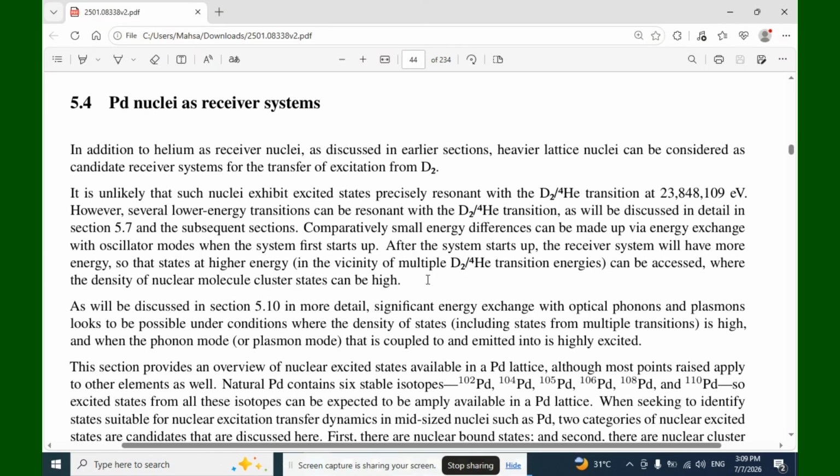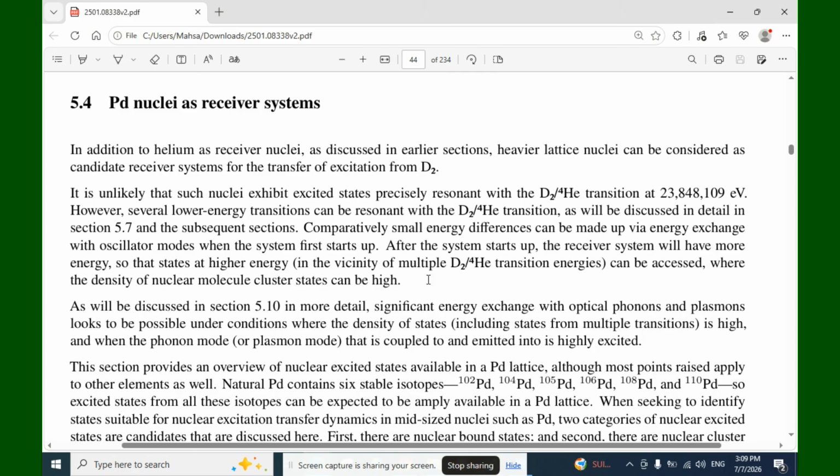Now I want to go through the next chapter, 5.4, palladium nuclei as a receiver system. In addition to helium as a receiver nucleus discussed in earlier sections, heavier lattice nuclei can be considered as candidate receiver systems for the transfer of excitation from deuterium-deuterium.